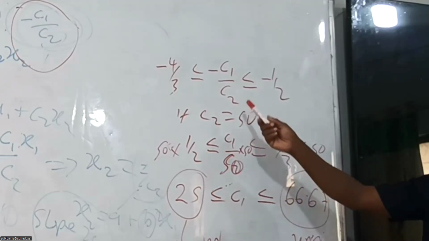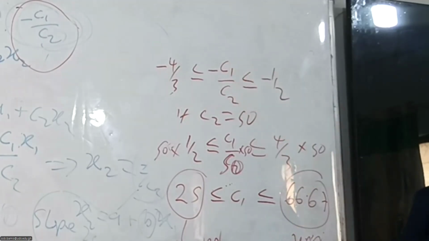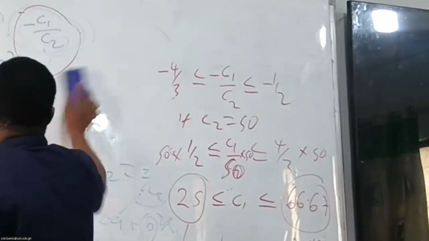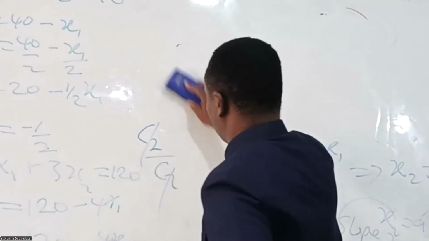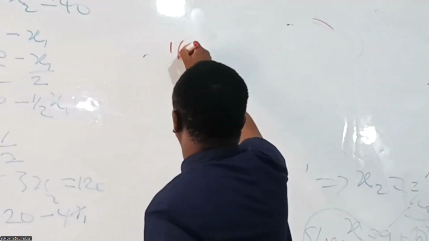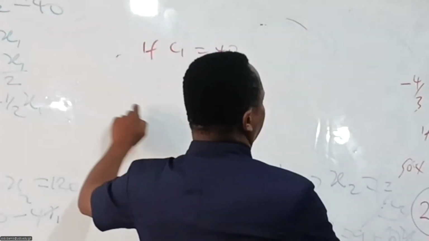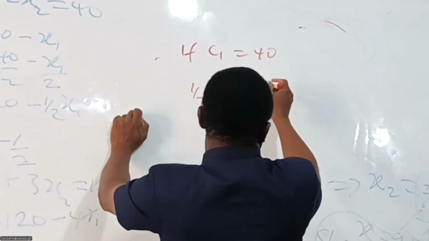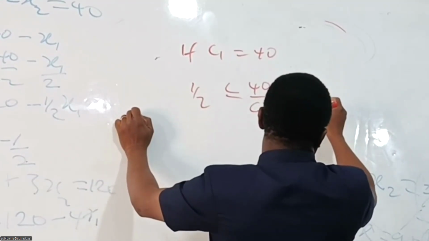And for that one we say that if C1 is equal to 40, we now have half less than or equal to 40 over C2, less than or equal to 4 over 6.